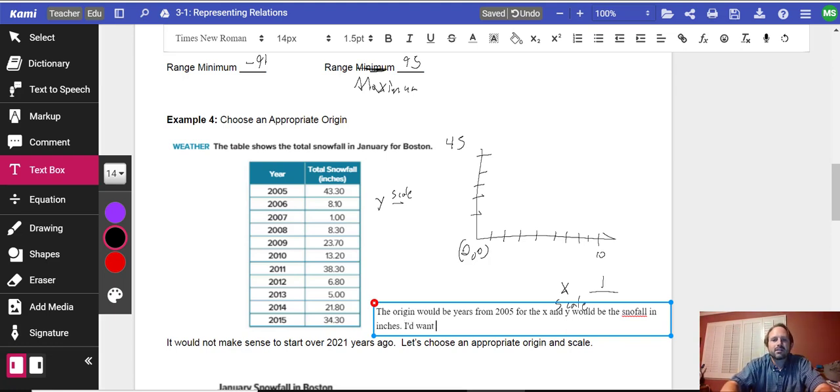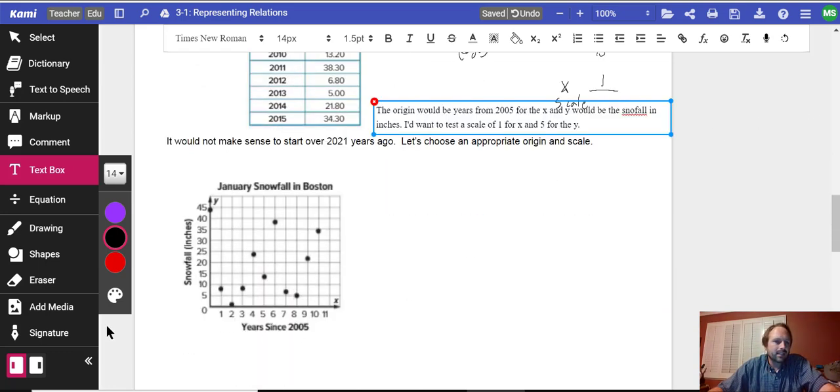I'd want to test a scale of 1 for x and 5 for y. Now, if it looks too scrunched for the y, I'd probably test out different ones, maybe 2, maybe 1, see if that works. I probably wouldn't want to go 45 all the way up by once. All right, let's go on.